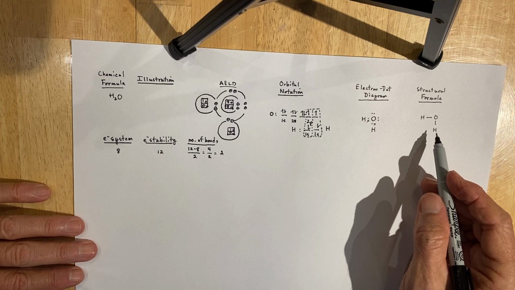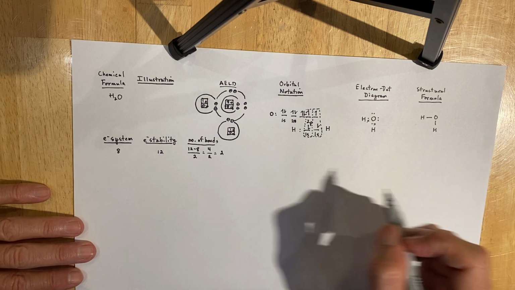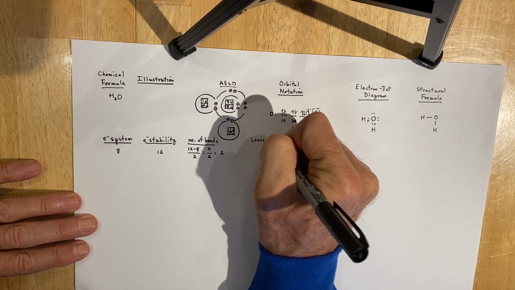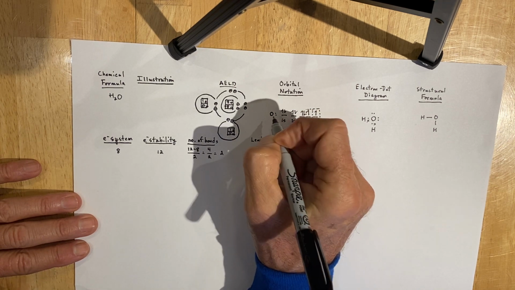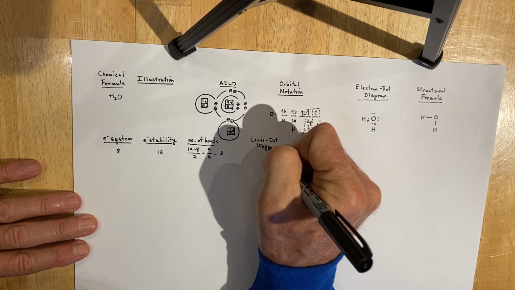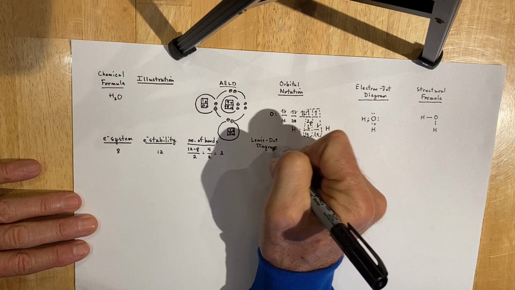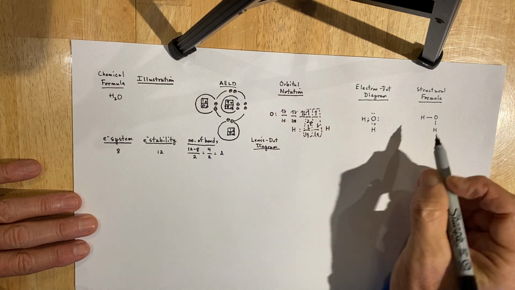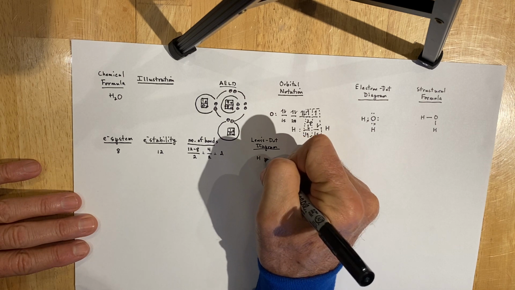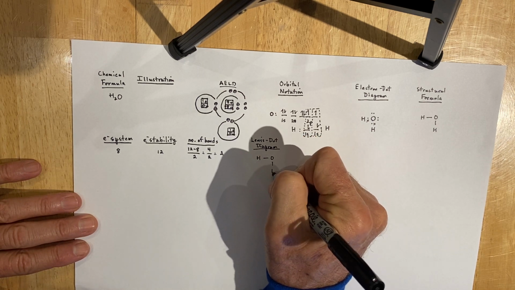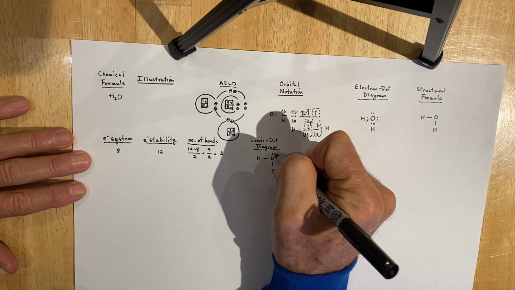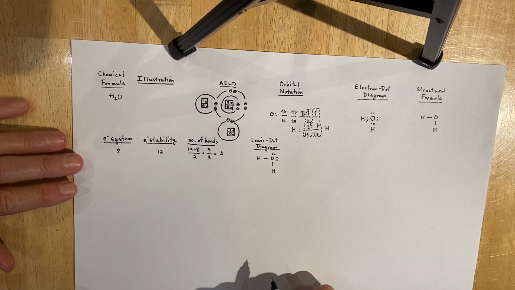So once we predict the number of bonds formed, then we need to look at the Lewis dot diagram, which is really a hybrid of the structural formula and electron-dot diagram, in which we represent shared pairs of electrons with lines, and then we go ahead and put in the lone pairs that are present.